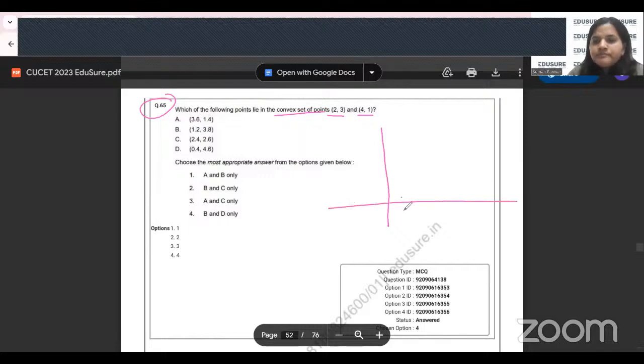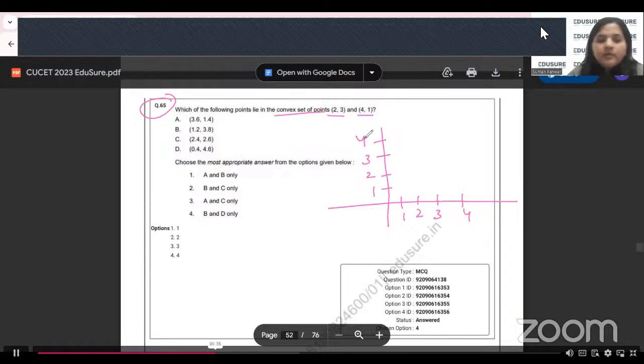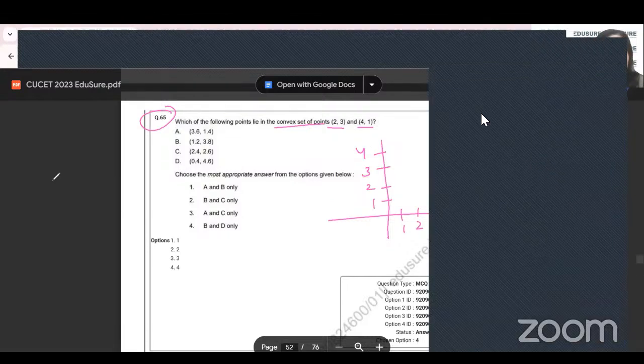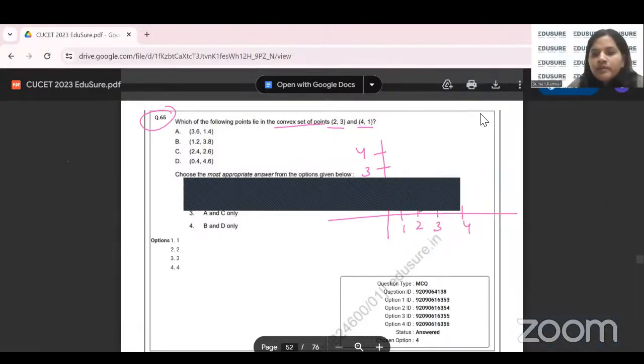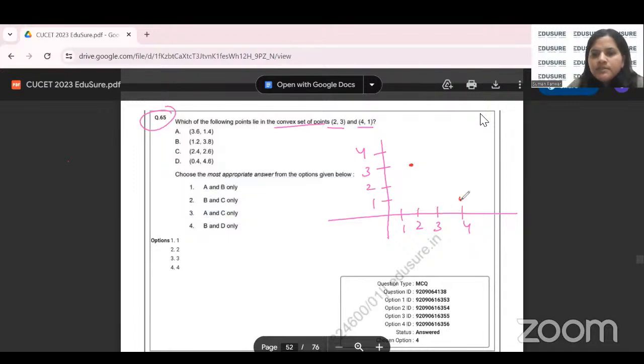So let's try to draw a rough figure. Okay. So now we have points 2 comma 3, which is this, and 4 comma 1, which is this. So we draw this line, and okay.